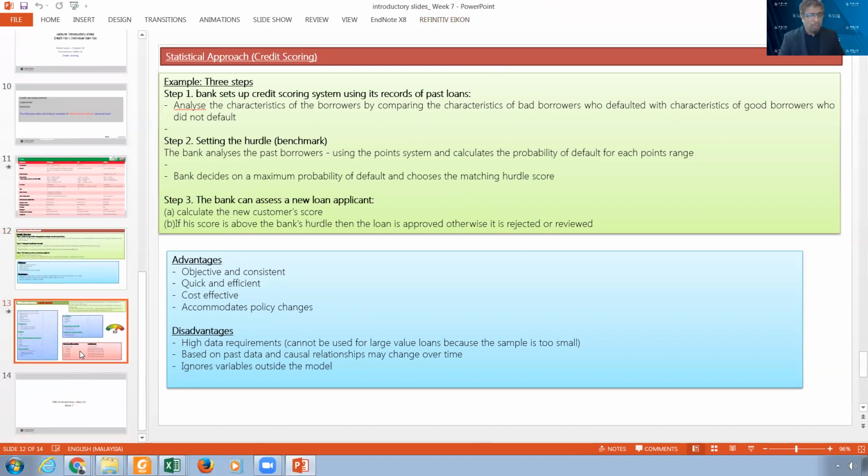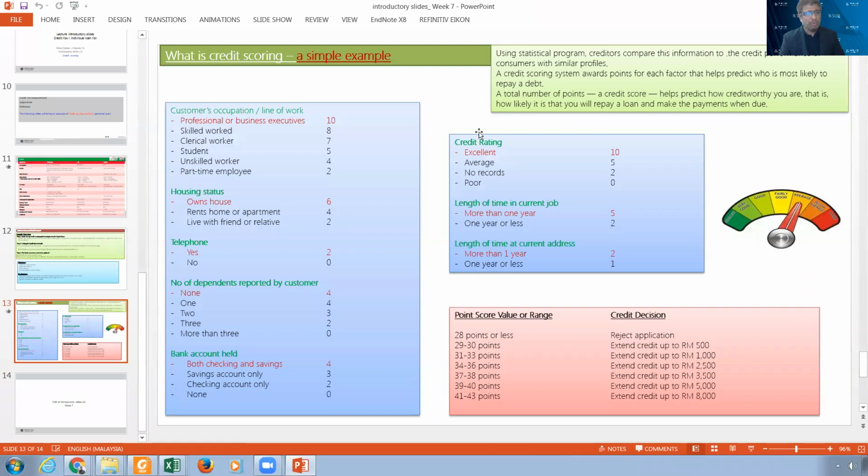So look, for example, this is just an old one. If you take the characteristics, for example, you will take the profession, the housing status, maybe the number of communications on phones or whatever.